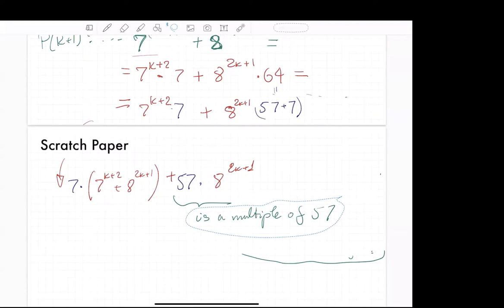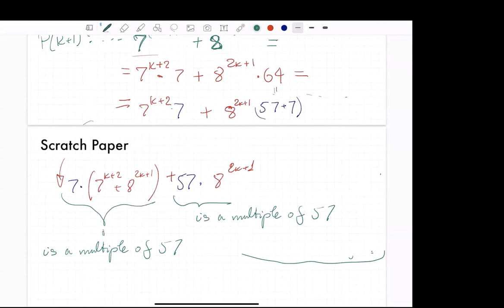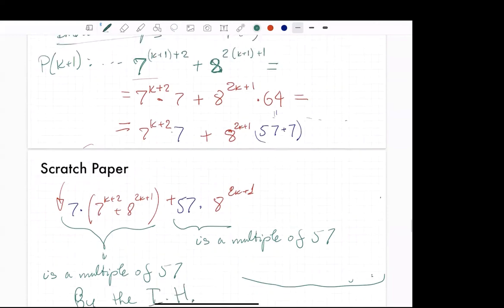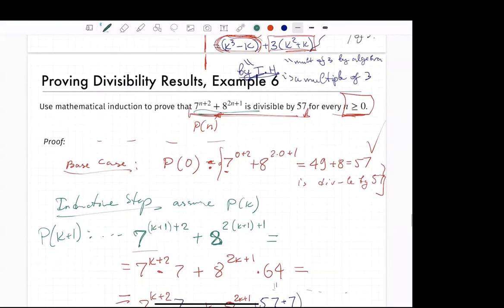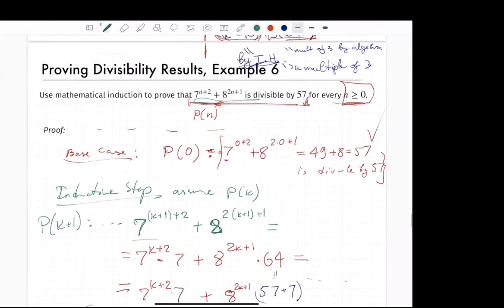And this is a multiple of 57 by the inductive hypothesis, right? Because this is 7 times something that's a multiple of 57, because here's my inductive hypothesis. That's why I should write it down. But anyway, plugging in k here, this is a multiple of 57.